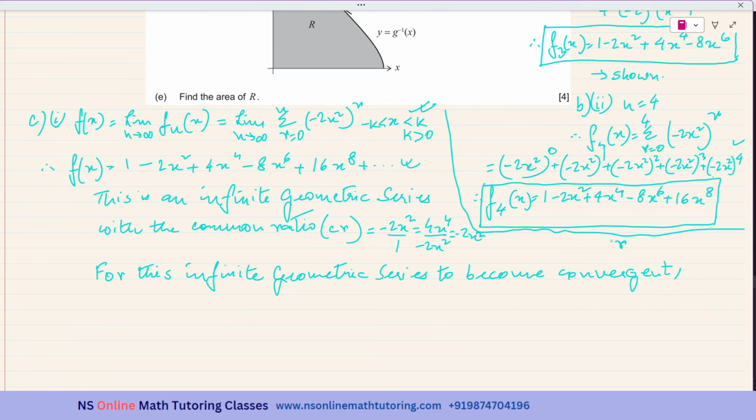The common ratio r should be between negative 1 and positive 1. And over here, the common ratio is negative 2x squared. So this should be between negative 1 and positive 1. So negative 2x squared should be greater than negative 1 and less than positive 1.